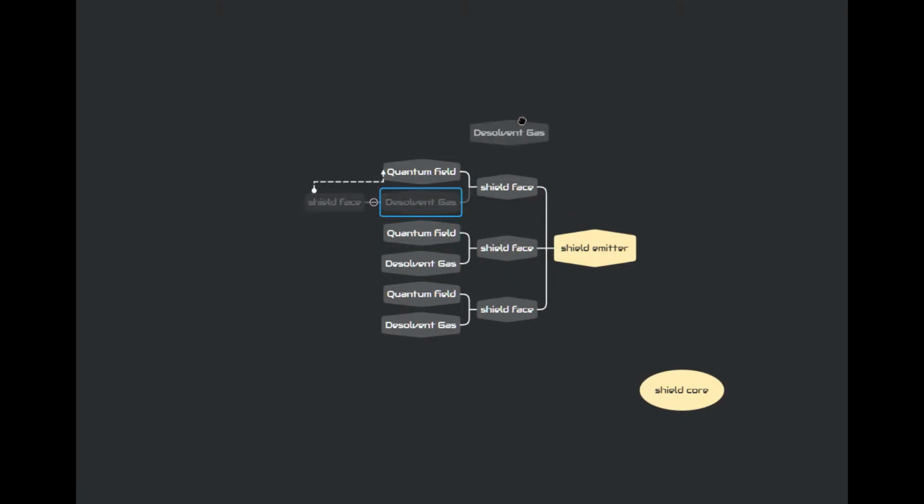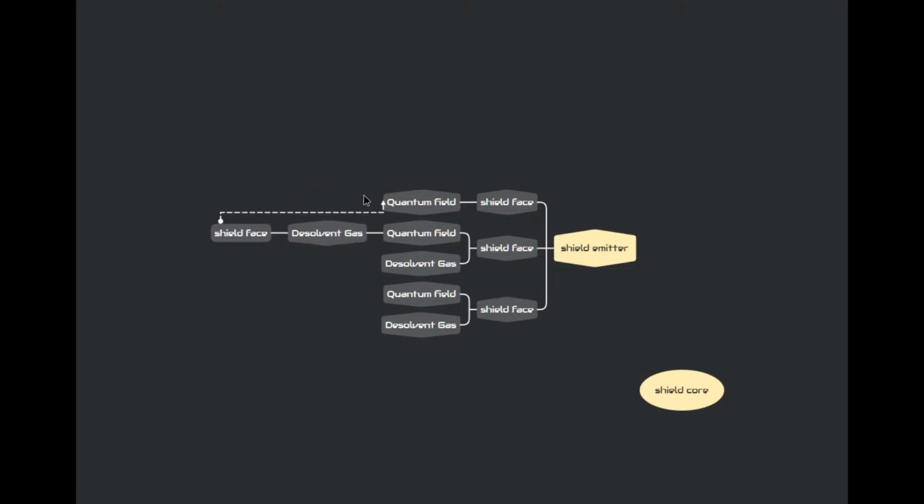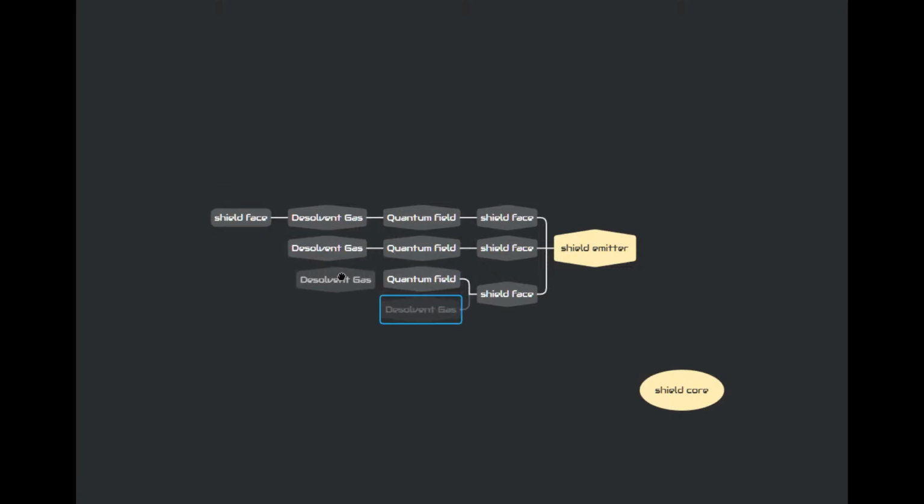What if I remove that, and instead we just insert the dissolving gas as a shield anomaly, and this is the shield itself. All right. So shield face, dissolving gas. So we'll just do that. We'll put the shield face inside of the quantum field.